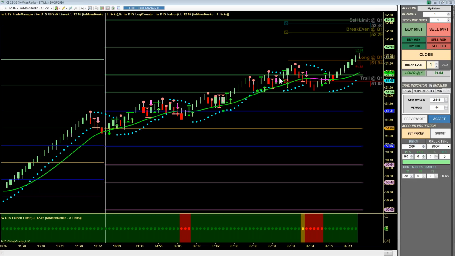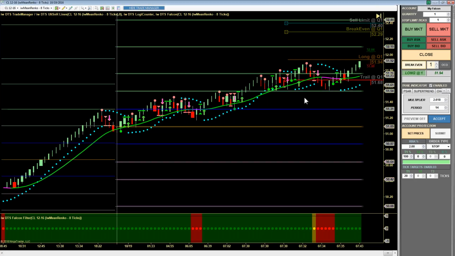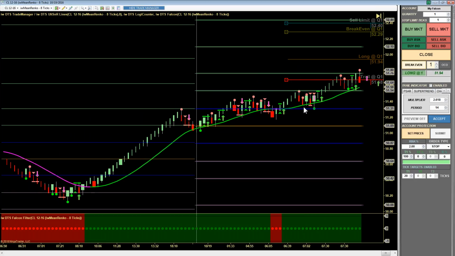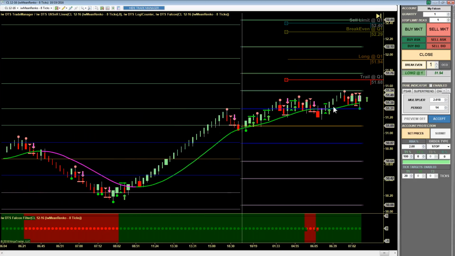All right, so by the way, folks, that's an alternate way to trade the crude inventory. Usually what we do when we go into crude inventory, if I roll this back a little bit, is we take a look at how the market is prior to the inventory release, and hopefully it's channeling.